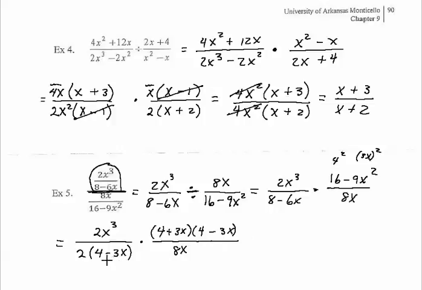Alright, we see that this 4 minus 3x cancels out, and now we'll cancel these 2's out, and we'll recollect our terms. We have only an x to the third power left on the top, and then an 8x on the bottom.